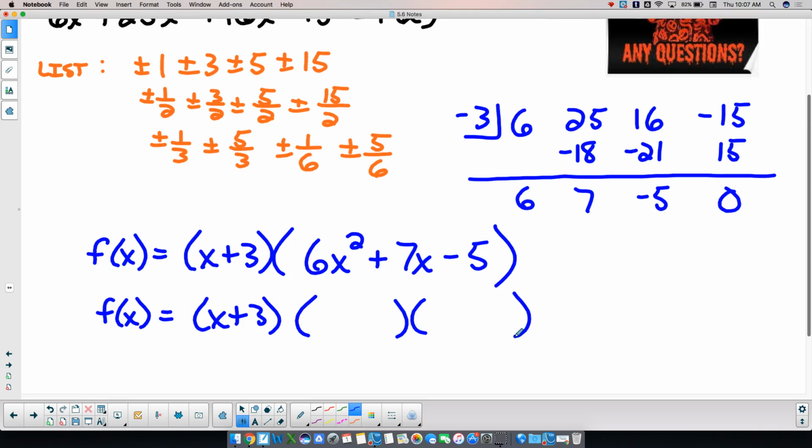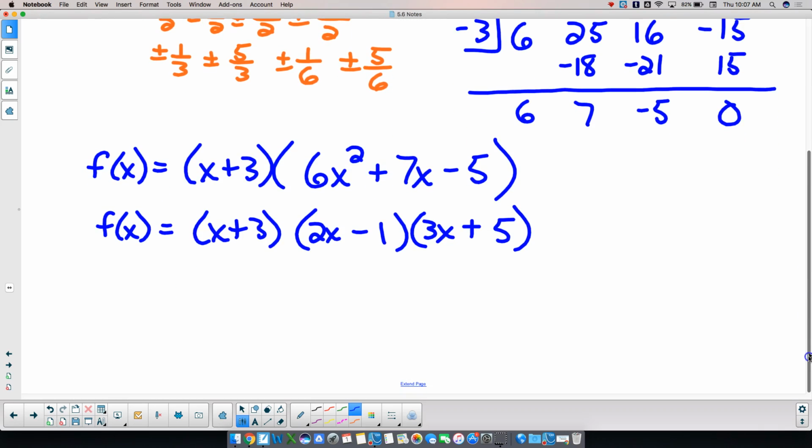I always start with 2 and 3. I'm going to go with 1 and 5, positive and negative, because then I get positive 10x on the outside, negative 3x on the inside. Those add together to be positive 7x.